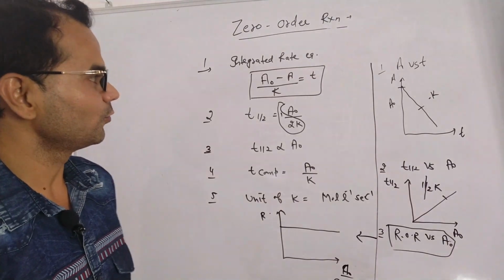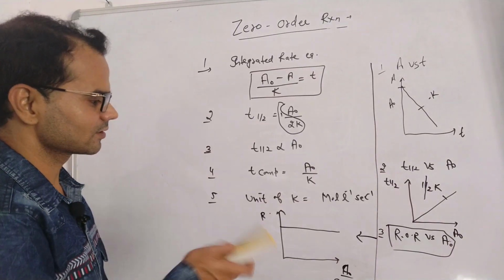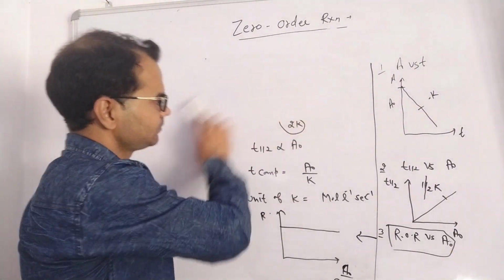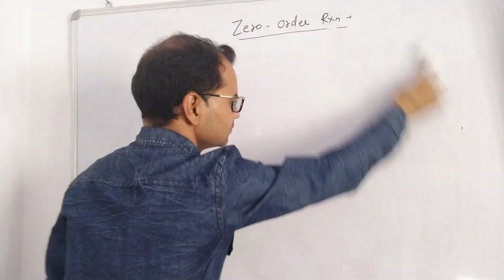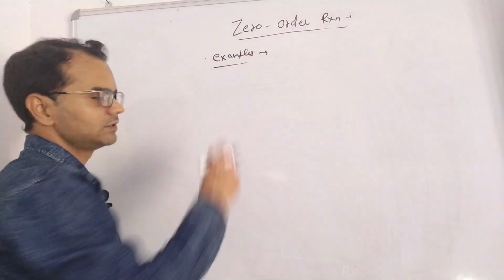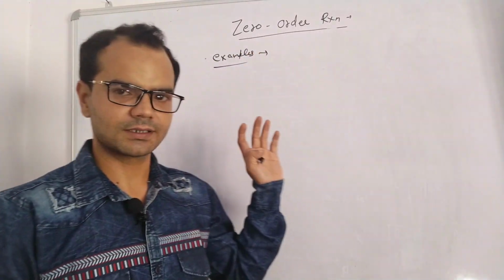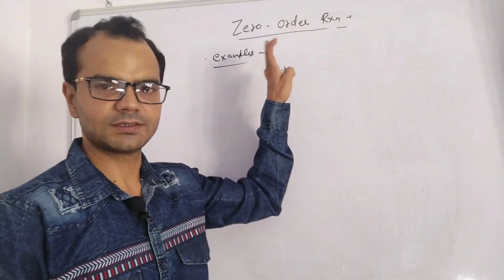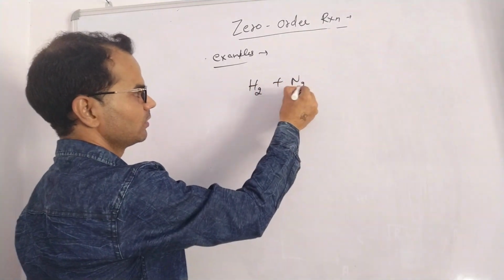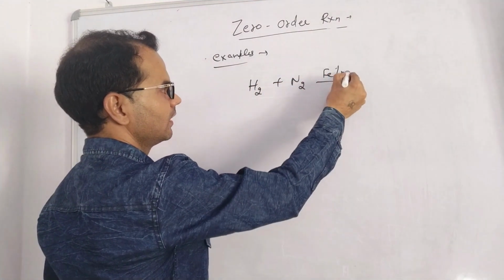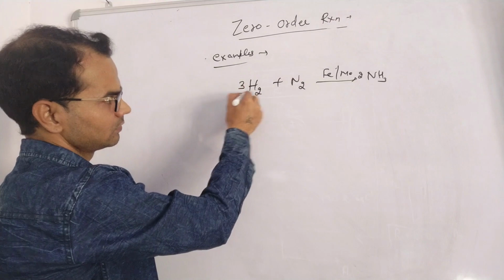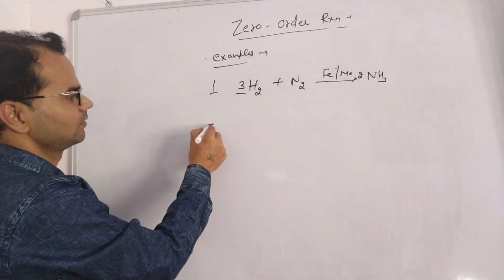Okay, one more thing, if you want to know some examples, then also we can write what type of reactions are zero order reactions. Generally the reactions which require a metal surface, those type of reactions are zero order reactions, like the Haber process, formation of ammonia, H2 plus N2, catalyst required iron and molybdenum. This is zero order kinetics.